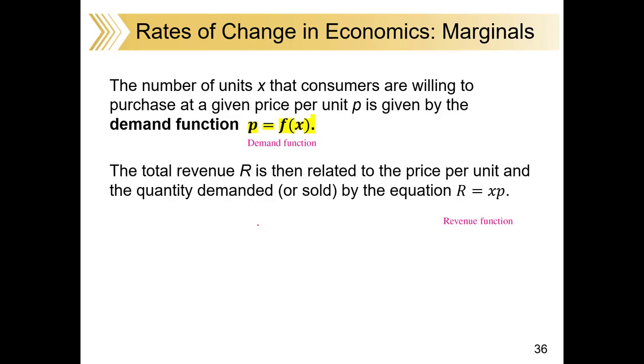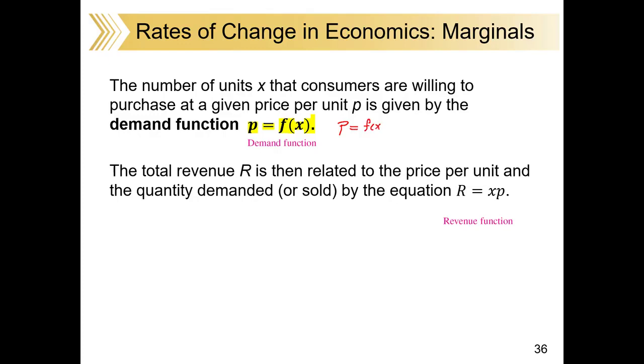Now, here's something new for us. It's the demand function. This might look a little bit strange. To me, it looked strange when I first saw it, because it says this is the demand function, but P represents the price. It's the price per item. If we're selling TV sets, that's the price of each TV set that we sell. And what's it equal to?